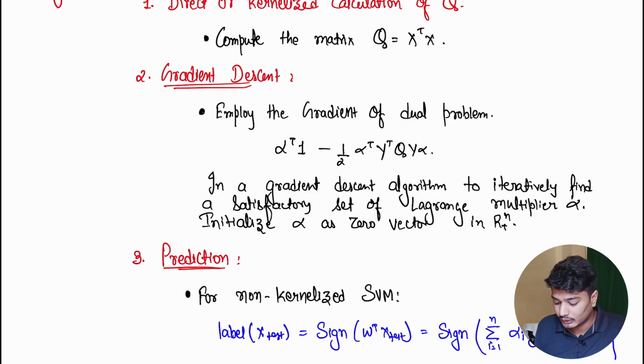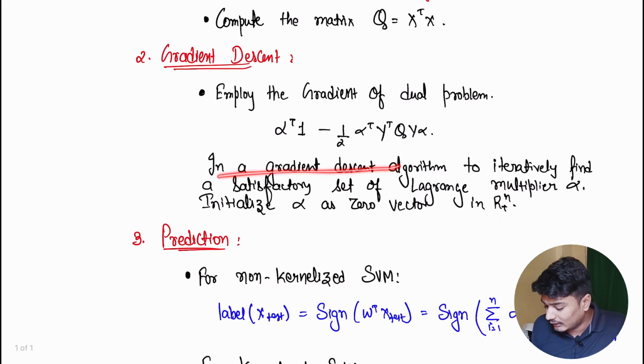employ gradient descent for the dual problem to reach the optimal W, that is this. I have told you that this Q is nothing but X transpose X. So these are all those points, and Y equals 1 is here.